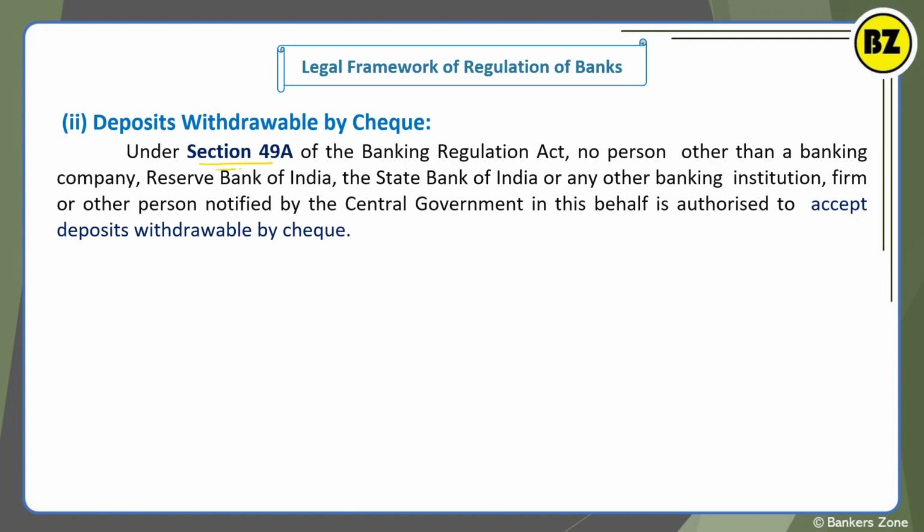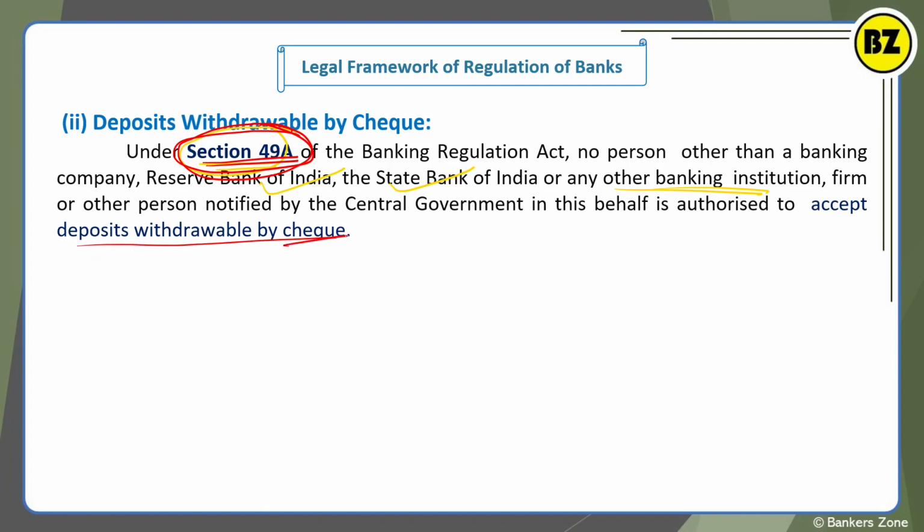Section 49A restricts other persons from accepting money as a deposit. Means what? Only RBI, SBI, then other banking companies or other banks are allowed to raise funds from the public. Okay, so there will be a question: which section restricts others than banks from taking money as a deposit? Section 49A restricts other than banks from accepting money, which should be withdrawable by check.